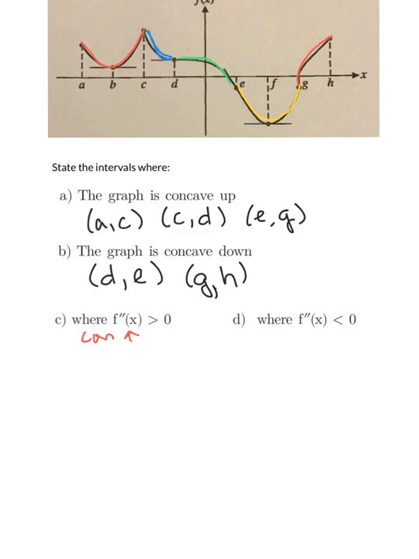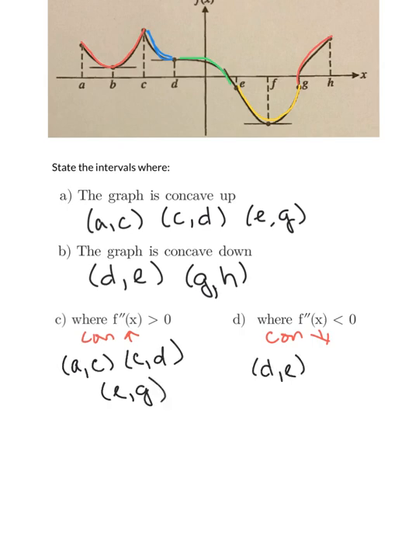Second derivative less than 0 is saying concave down. So C gets the same intervals as A, and D gets the same intervals as B.